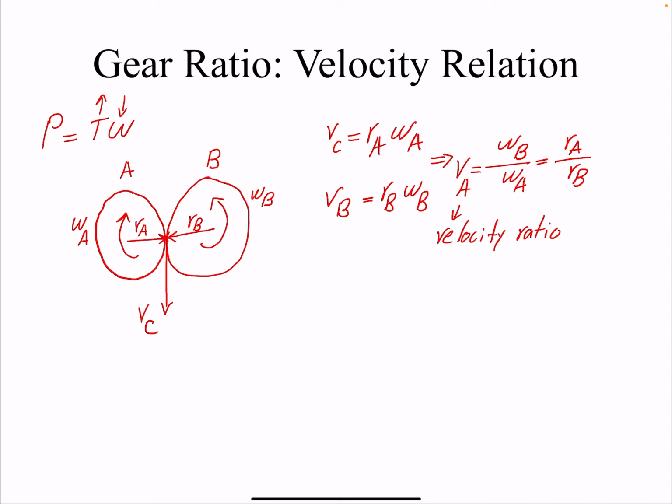Also, if I want to relate the speed to the number of teeth, I already know the diametral pitch, which is defined as N over D. Therefore, the diameter would be the number of teeth over diametral pitch, or if I want to write it in terms of the radius, that would be N over 2P.